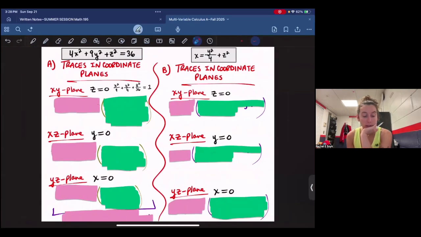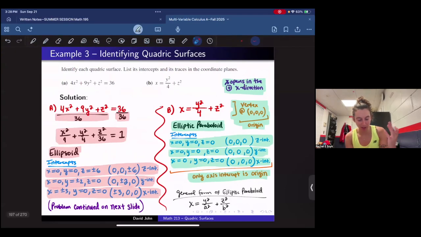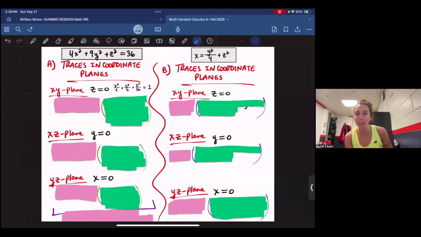So now let's look at our ellipsoid and our, oh my gosh, I forgot, our elliptic paraboloid, and find the traces of them. Okay. So what's our first step? Let's first look at the ellipsoid.